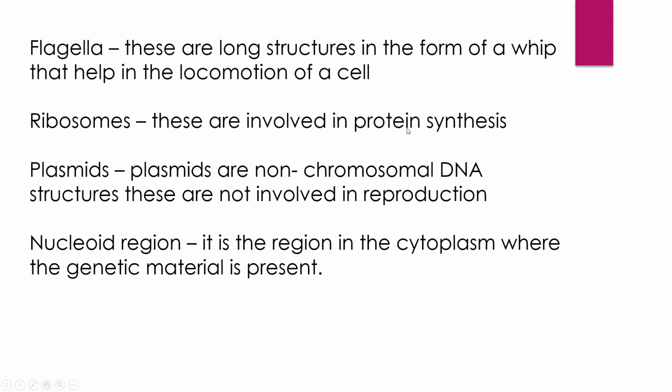These are long whip-like structures that help in the locomotion of a cell. Ribosomes. These are involved in protein synthesis. Plasmids are non-chromosomal DNA structures. These are not involved in reproduction. Nucleus region. It is the region in the cytoplasm where the genetic material is present.